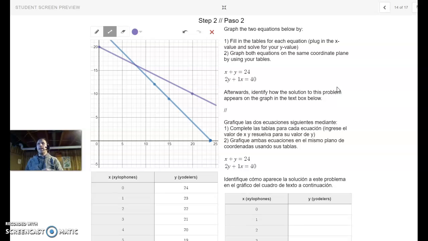Well, I realized I ran out of time, so I went backwards and recorded over some of this. Notice if I put these two lines together, this is the second line, right? 0, 20 would be my y-intercept, and then another point, 20, 10, would work for another point. And what you see here is this point right here, which, if you remember, is our point 8, 16. And so that's the solution that shows up.